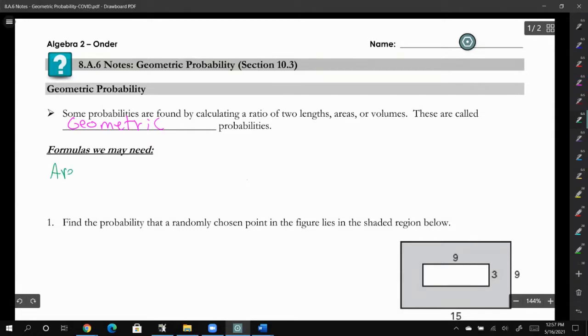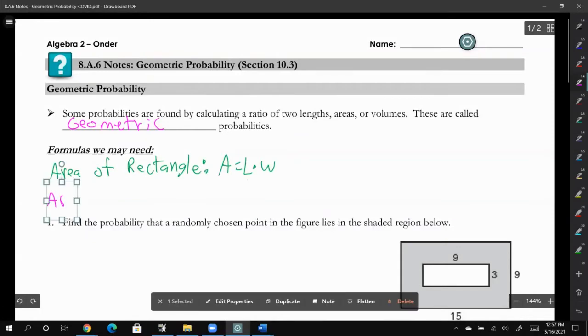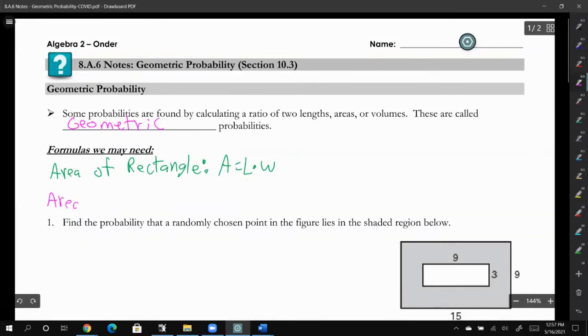So, area of a rectangle: area equals length times width. We have area of a circle: that's pi times the radius squared.